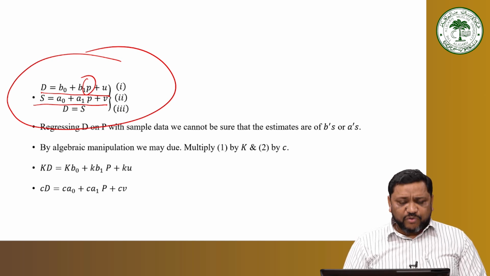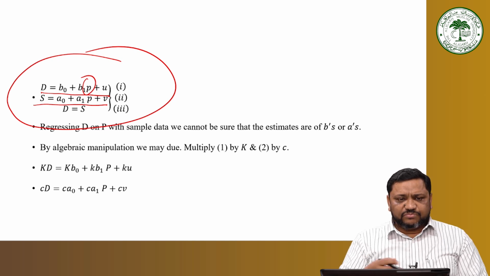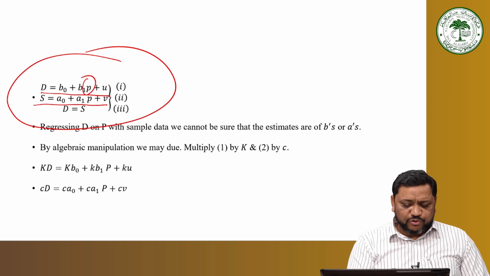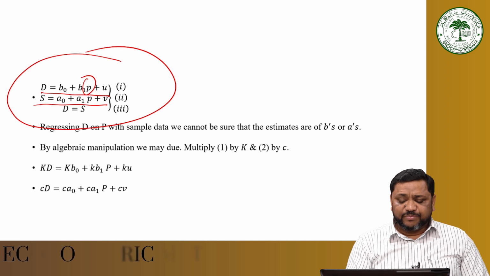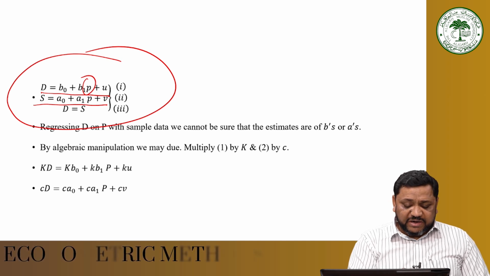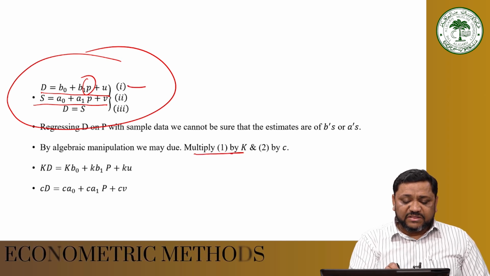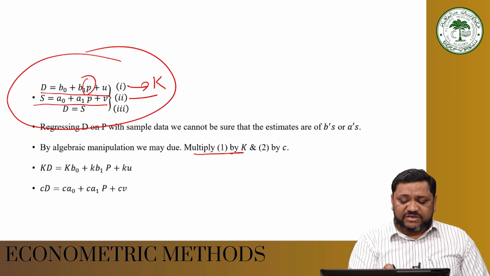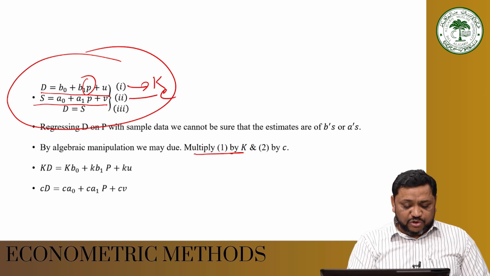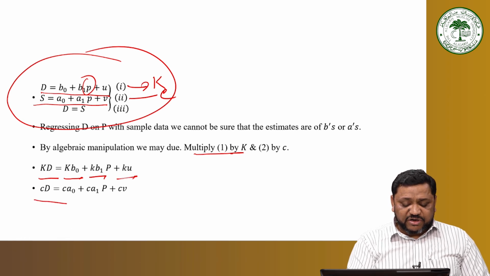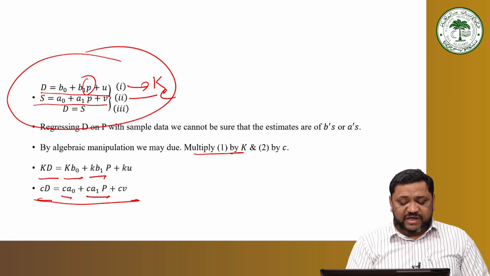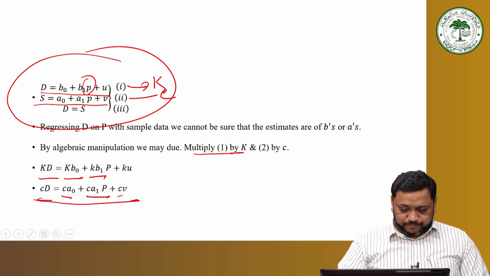We are going to show you the process. We have this demand equation and the supply equation. We do some algebraic manipulation, that is, we multiply the first equation by K and the second equation by C. So we have KD plus KB0 plus KB1P plus KU, and the second equation multiplied by C is CD plus CA0 plus CA1P plus CV.